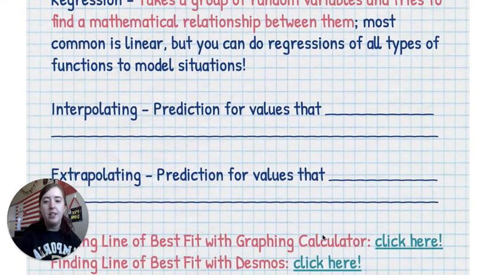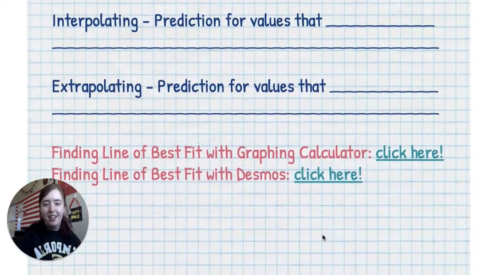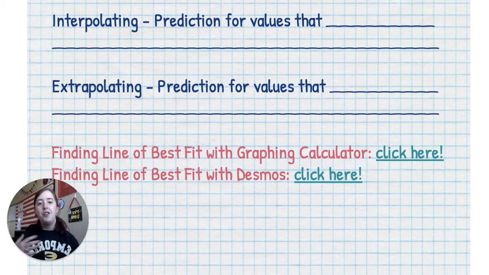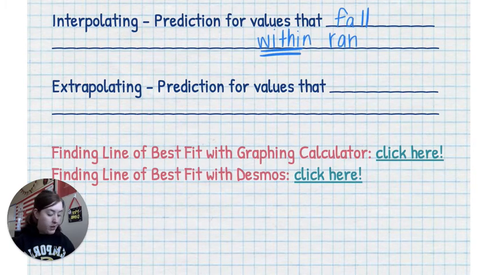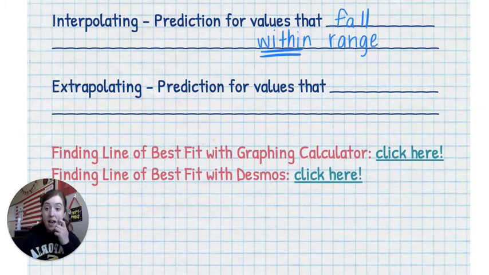Cool. There's something called interpolating. Interpolating is looking for predictions of values that fall within the given range. We had everything from 9 grams of fat to 31 grams of fat, right?